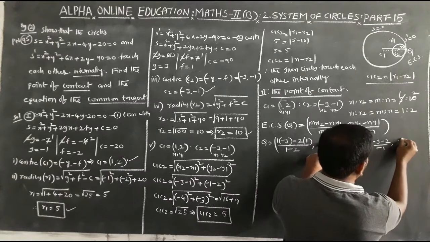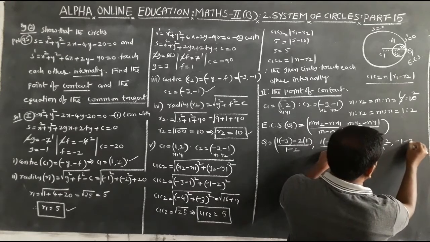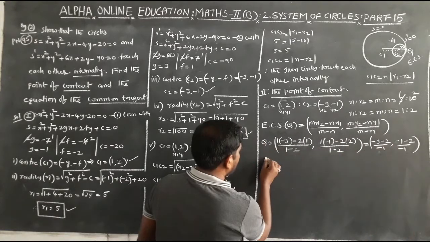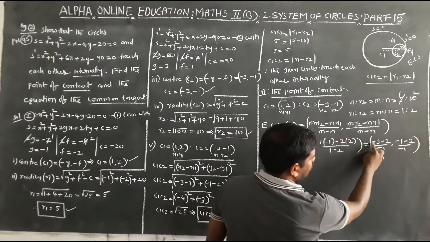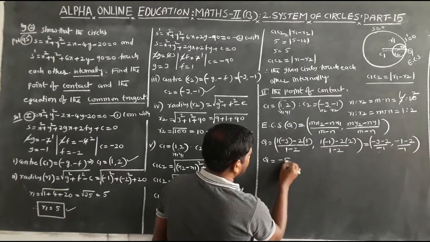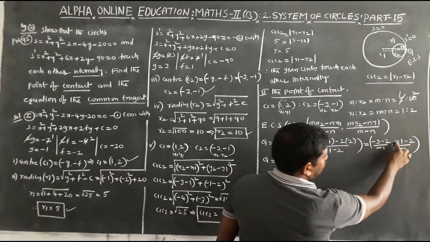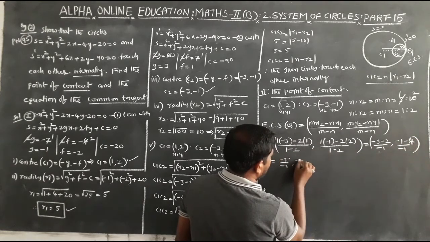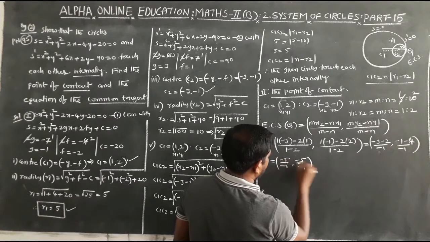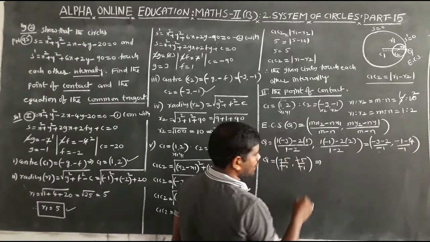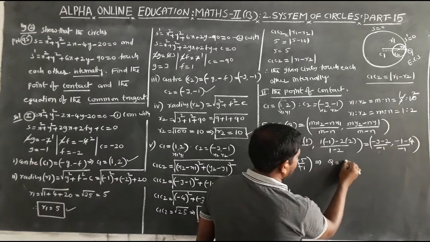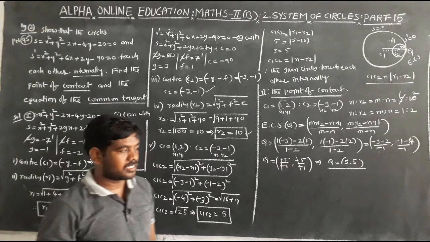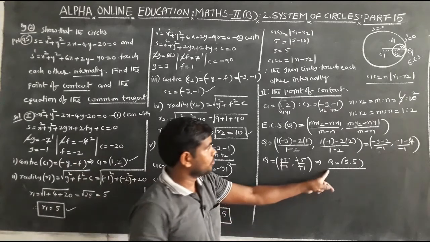That is (minus 3 minus 2) by minus 1, comma (minus 1 minus 4) by minus 1, which is minus 5 by minus 1, minus 5 by minus 1. The minuses cancel. So (5, 5) is the external center of similitude.